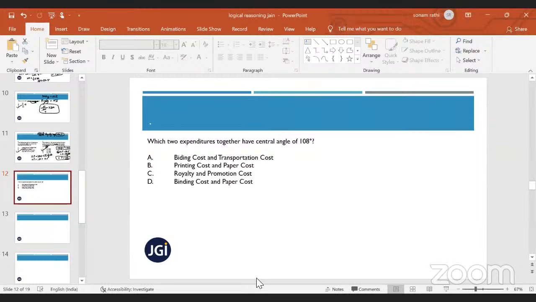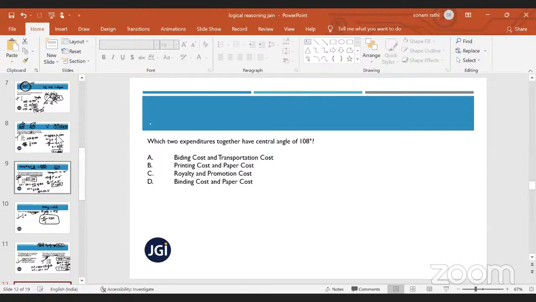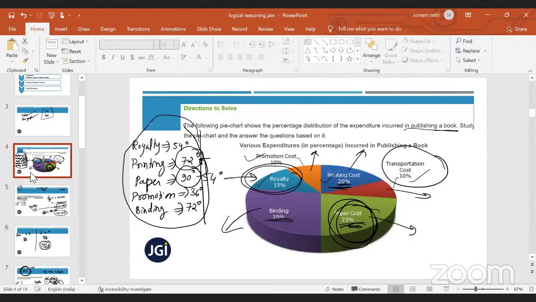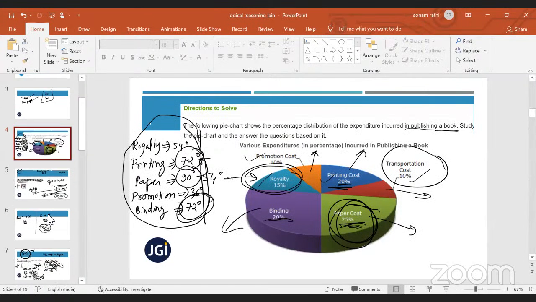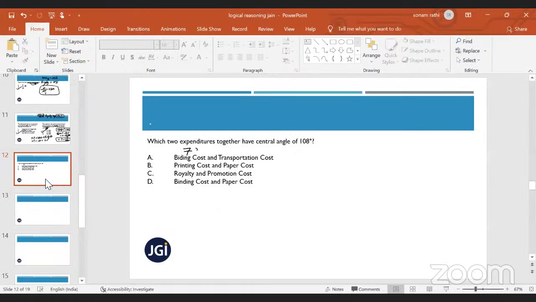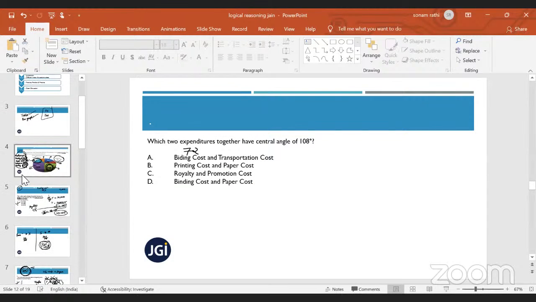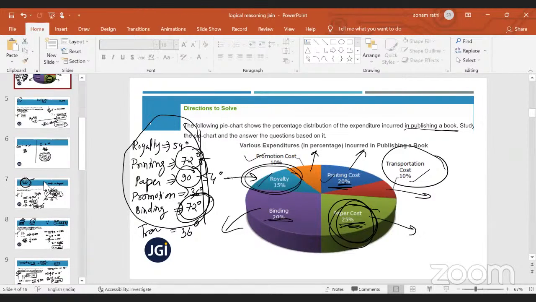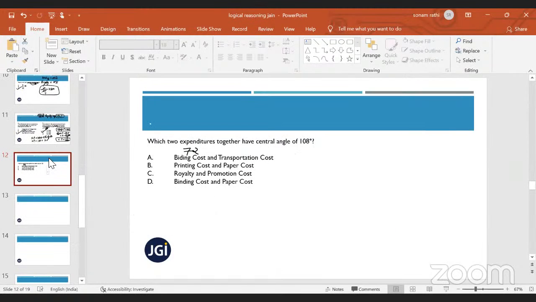Binding cost is 72 degrees. And transportation is 10%, so 3.6 into 10, which is 36 degrees. So we will add that also. 72 plus 36, yes, 108. Option A. Very simple.